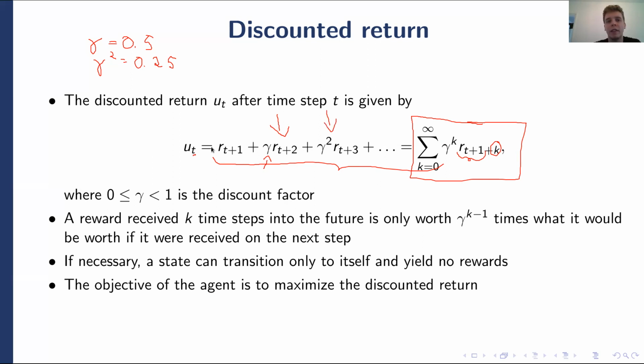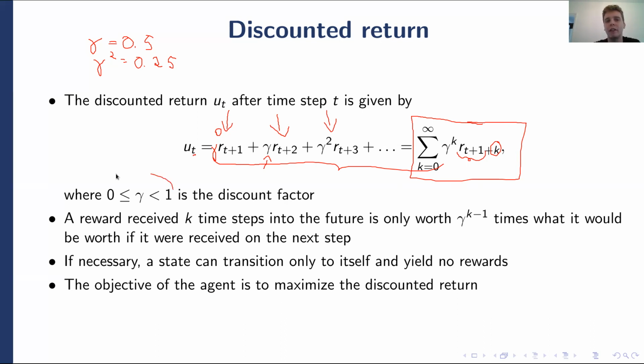And similarly, you can think that this first reward here is multiplied by gamma to the 0, which is 1. So the next reward is worth the most to you. The reward that comes after that is worth less, the one after that is worth less, and so on, until at some point the rewards really don't matter that much to you because they are so far away into the future.